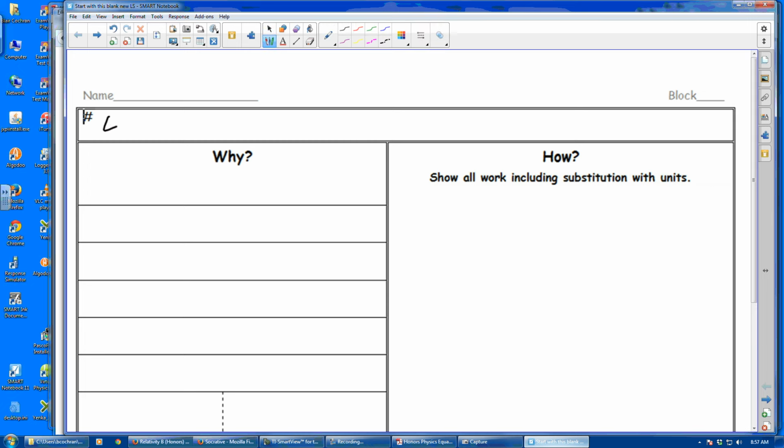So those are the ideas that you would need in your Y. Of course, you probably want to start with, C is constant in all frames of reference.